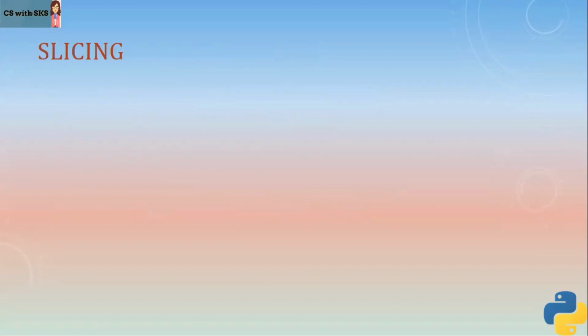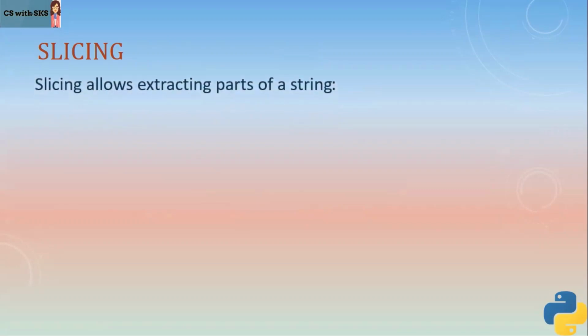Next, we have slicing, and this is a really, really important topic. Okay, so let's understand this. Slicing, basically, allows you to extract some part of a string. You have a big string, let's say CS with SKS, and you just want to extract some part of it. You don't want to display it as a whole.